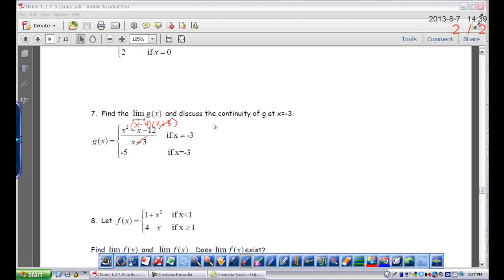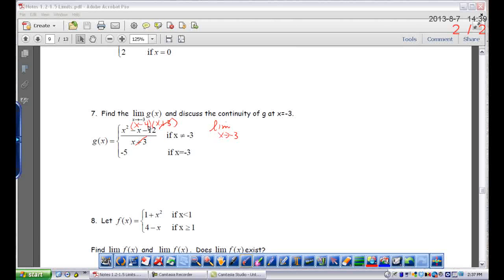So let's think about it in terms of the limit as x approaches negative 3. The limit as x approaches negative 3 is, as x gets closer and closer to negative 3, what is that y value approaching? So this g of x equals x minus 4 is valid everywhere except x equals negative 3.